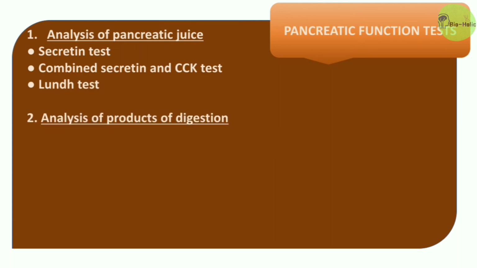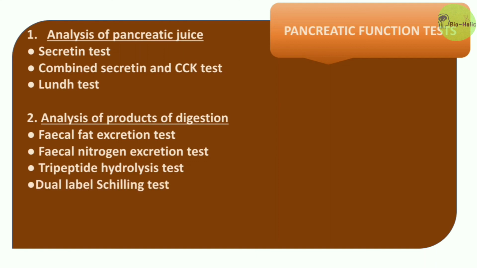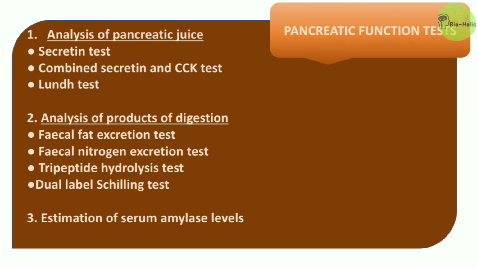Second one is the analysis of products of digestion: the fecal fat excretion test, the fecal nitrogen excretion test, the tripeptide hydrolysis test, and the dual label Schilling test. And the third one is the estimation of serum amylase levels. These tests are performed to evaluate the normal functioning of the pancreas and to detect abnormality if any is present.